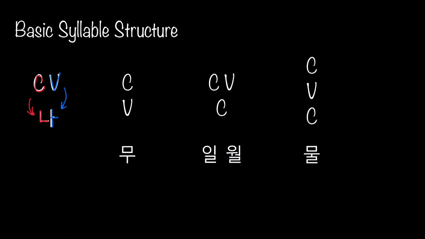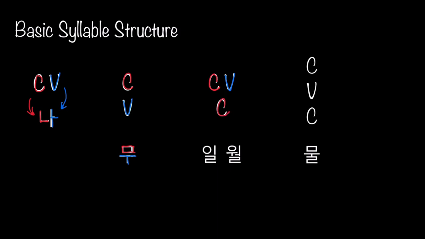Another common structure is consonant at the top, like this, and then vowel at the bottom, like that. And another common structure is consonant at the top, followed by vowel beside it, with a consonant at the bottom.